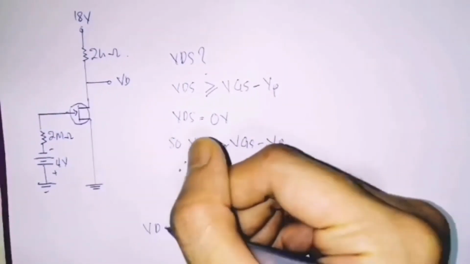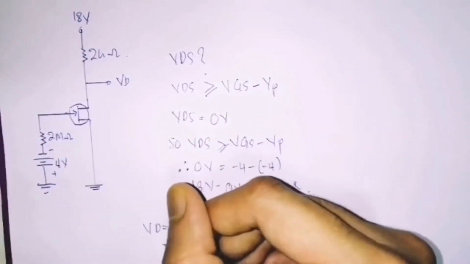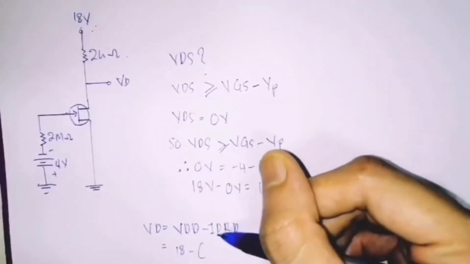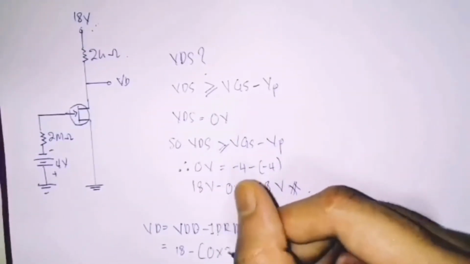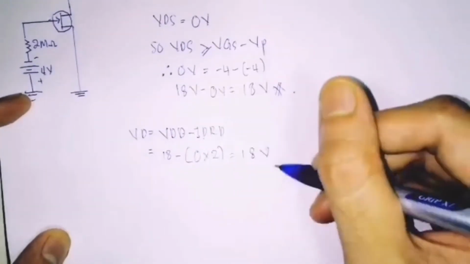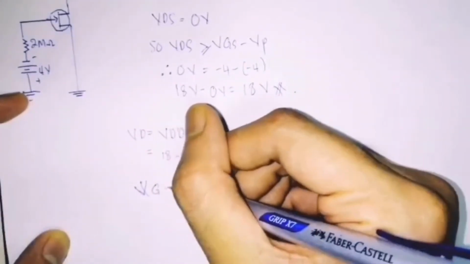Okay, how to find the VD? VD equal to VDD minus ID times RD. From the given, we know that it's equal to 18 volt.